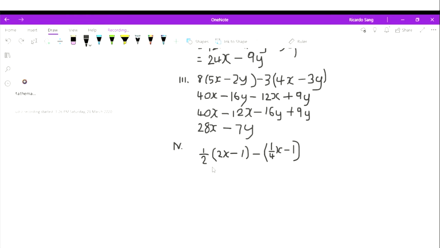So this is going to become a half times 2x upon 2 minus 1 times a half.